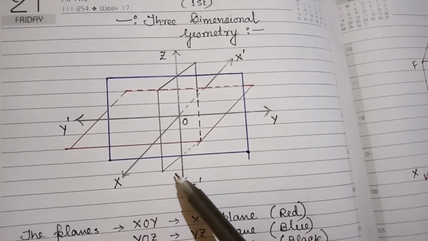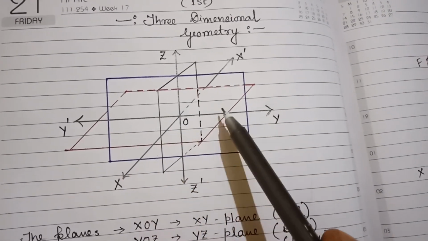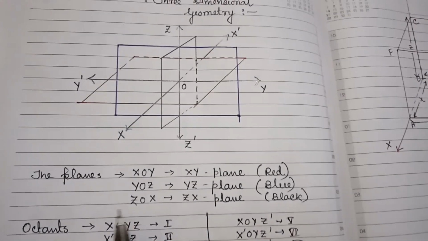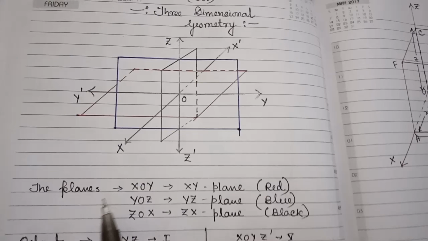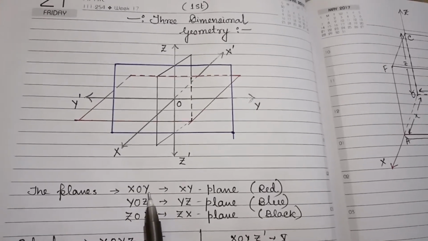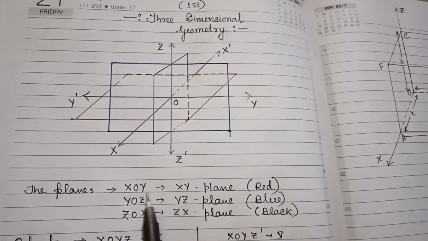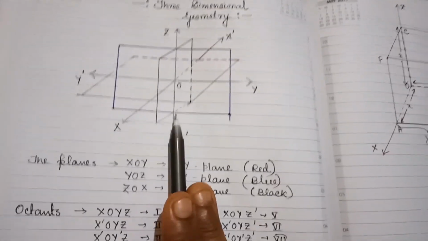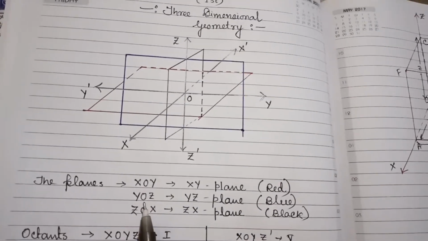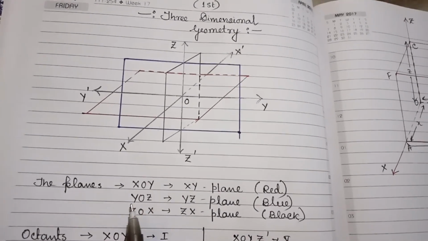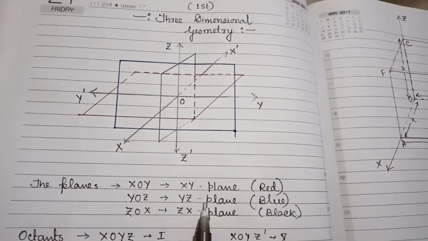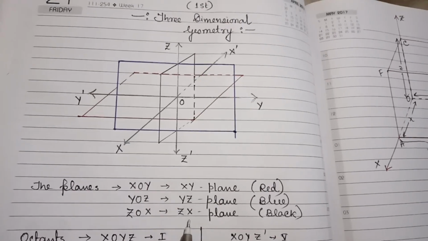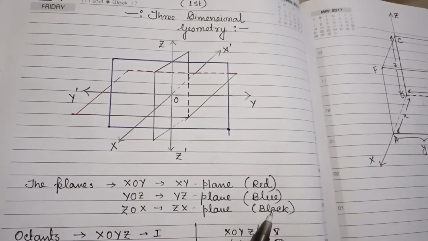So there are three planes, each holding two axes at a time. Which are the planes? The plane holding x and y is called the XOY plane, or the XY plane, which is red in color here. Then the y and z axes, the YOZ plane, that is the YZ plane, blue in color, and the ZOX plane, that is the ZX plane, black in color.